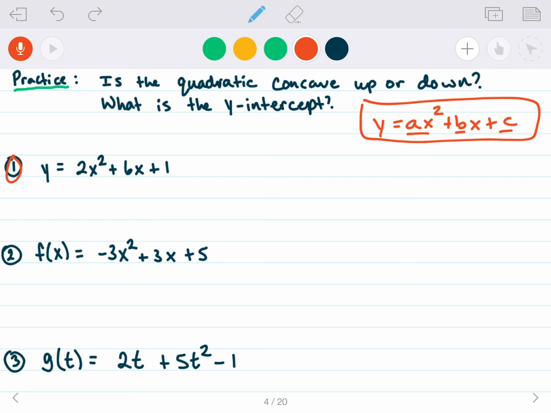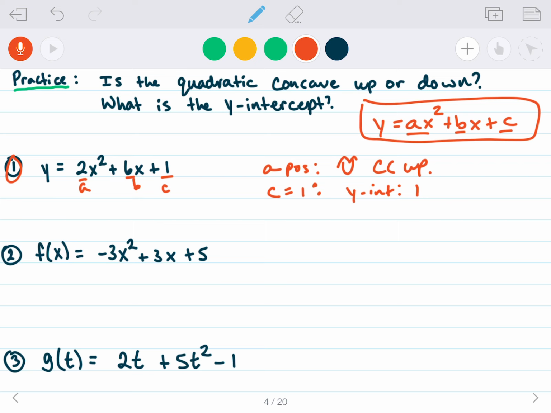And we have an a, a b, and a c, right? So this is a, b, and c. Now, remember, whether it's concave up or down only depends on a, and whether it's positive or negative. Since a is positive for number 1, a is 2, that means it's going to be concave up, and since c is equal to 1, my y-intercept is 1.